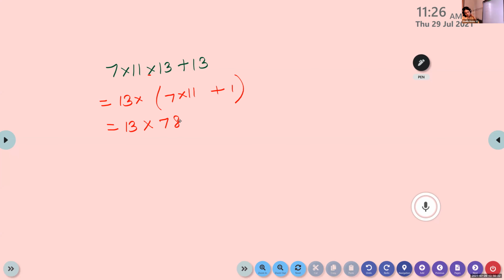Okay, so clearly it is understandable that more than 2 factors are there. Therefore, it is a composite number.